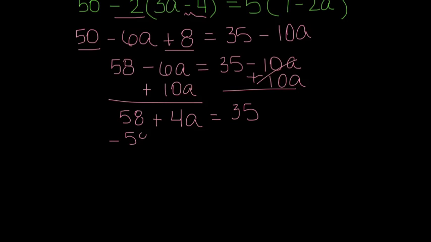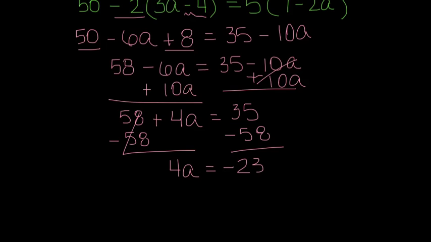I will subtract the 58 from both sides. My 58's cancel, so I get 4a equals, let's see, 35 minus 58 is negative 23. Now I can divide both sides by 4. My 4's cancel, so I get a equals.